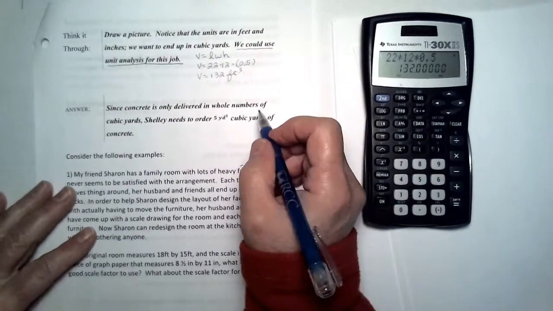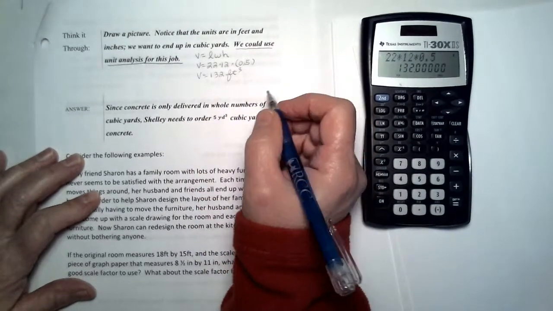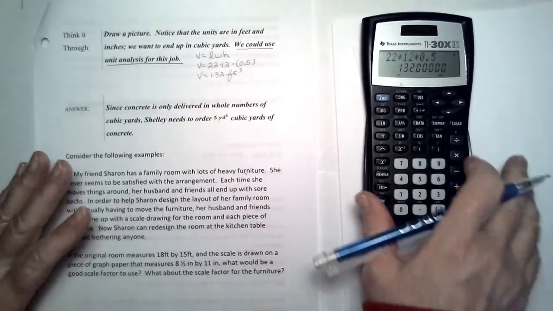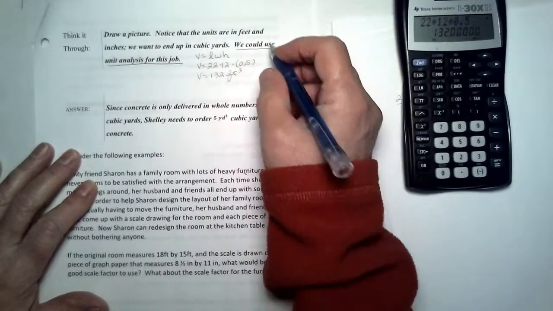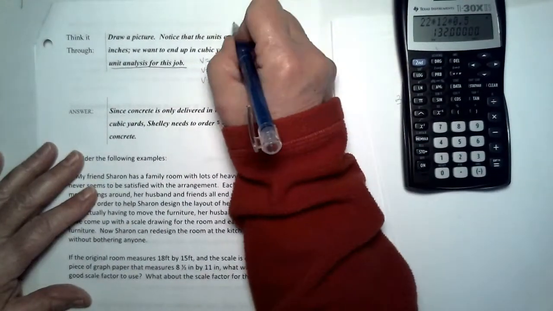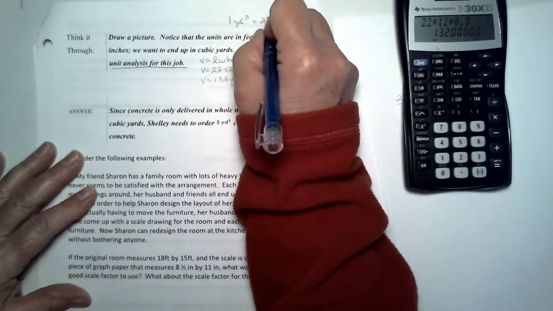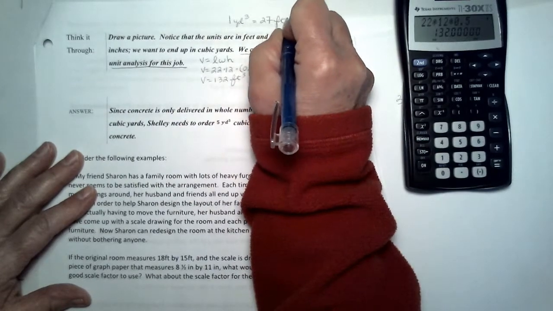And now I'm going to go ahead and change this to cubic yards. Well, I'm going to have to know the relationship between cubic feet and cubic yards. And if you were given a table, it would indeed be there. 1 cubic yard is equal to 27 cubic feet.